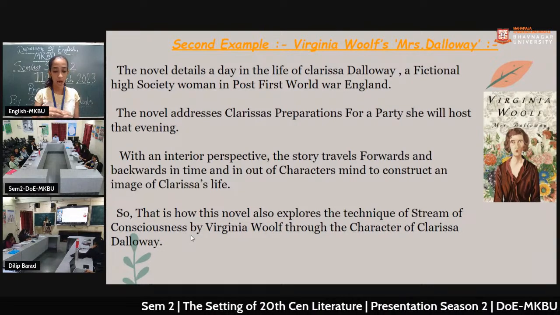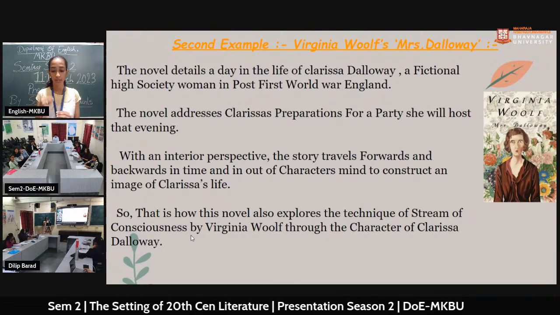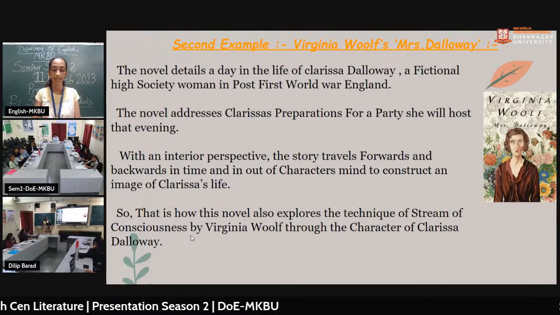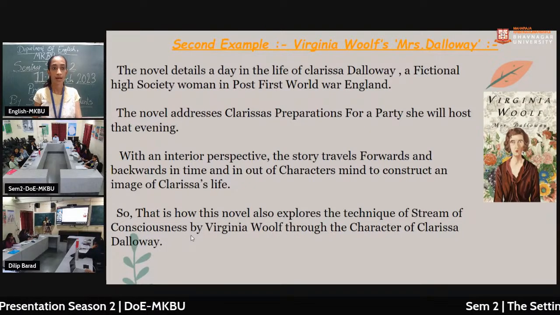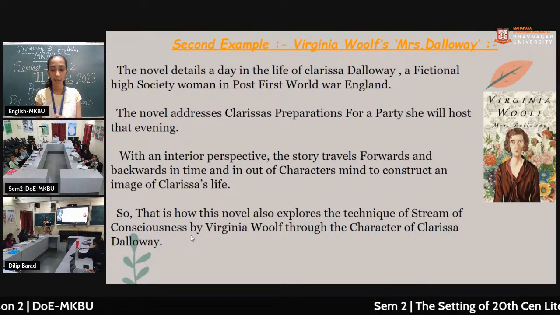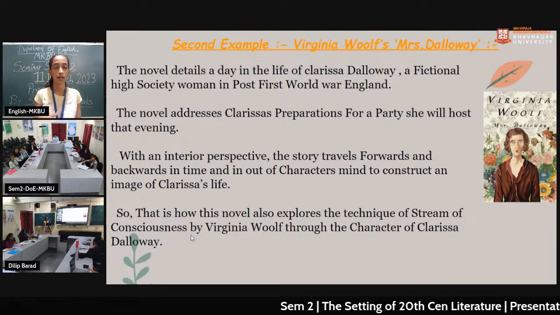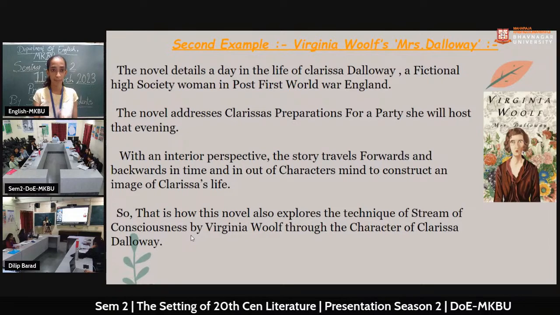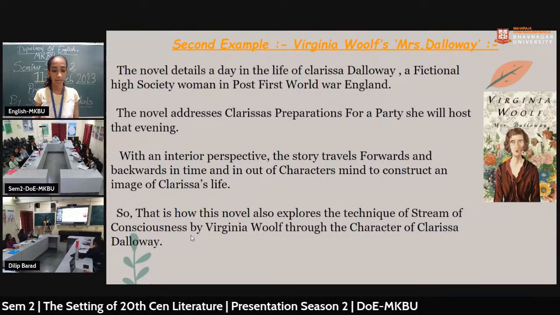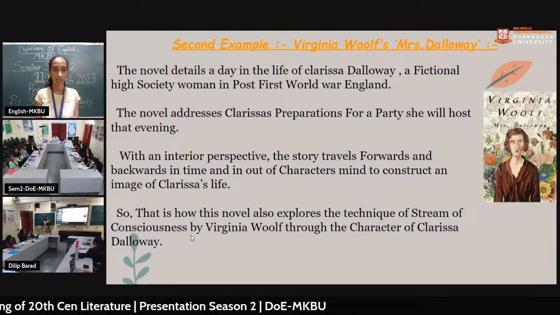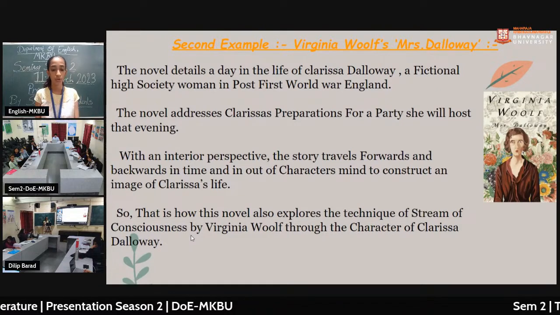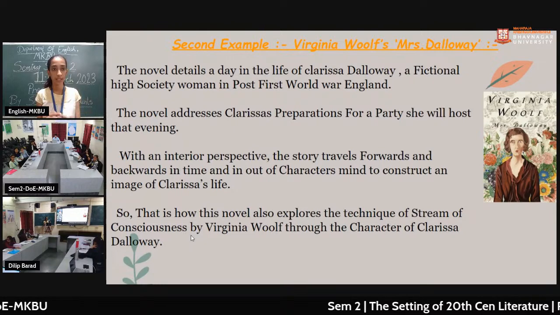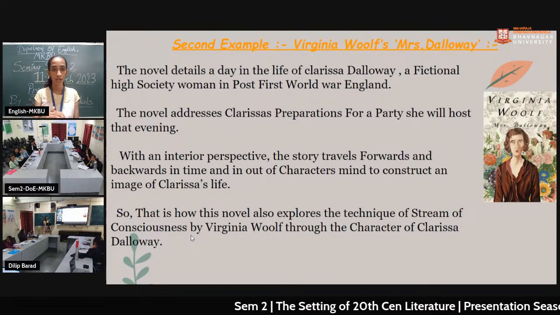So that is how this novel also explores the technique of stream of consciousness by Virginia Woolf through the character of Clarissa Dalloway. This novel, Mrs. Dalloway, does not depict any kind of plot or vivid imagery, but it depicts one important character and narrator, Clarissa Dalloway, who continuously passes from one thought to another.